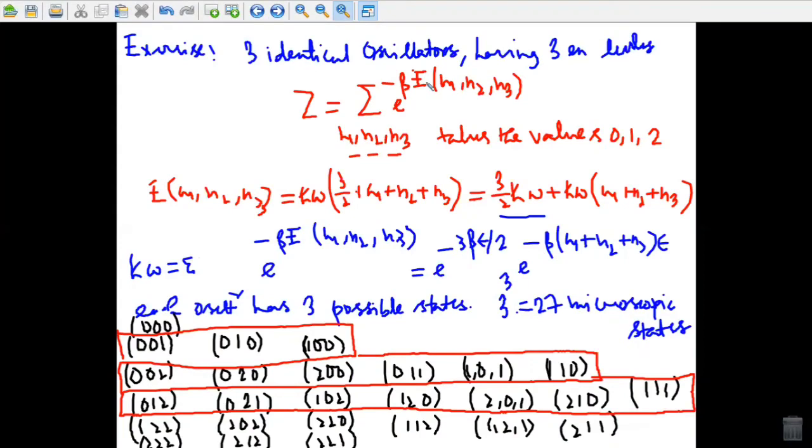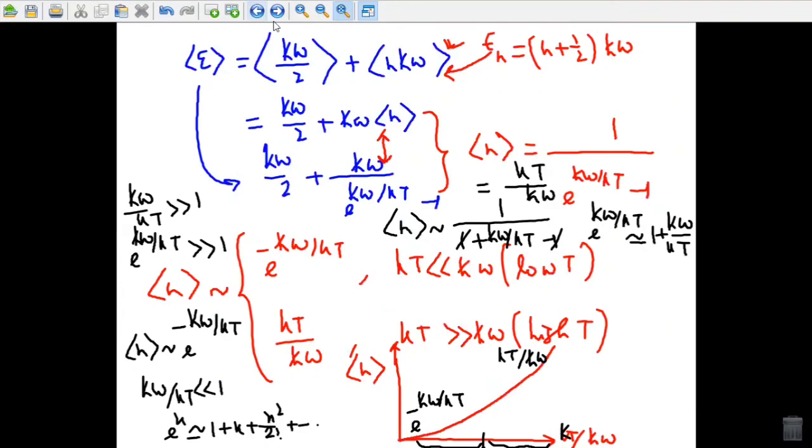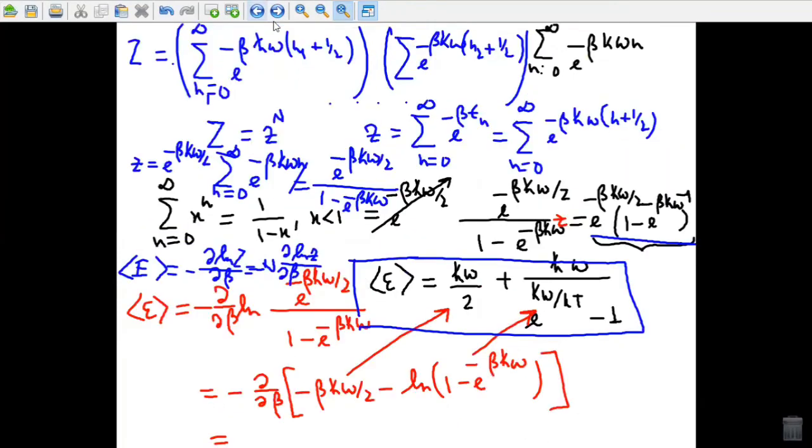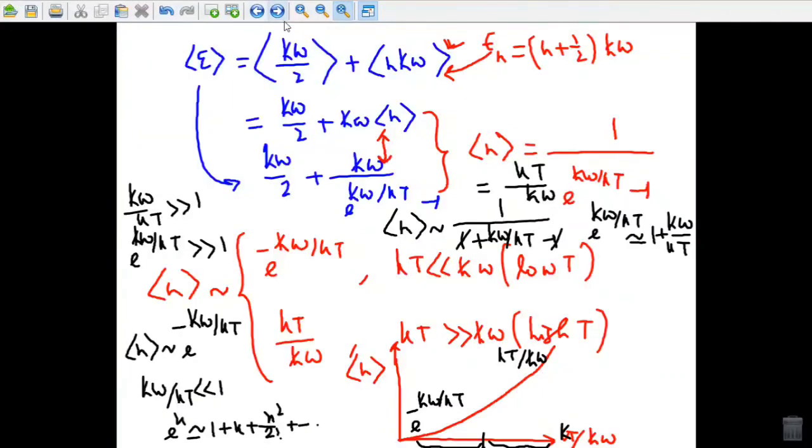Each of them having three energy levels. Verify the previous two equations, that is, the sum of products is the product of sums, and this one, right? We can use these two equations to solve this.